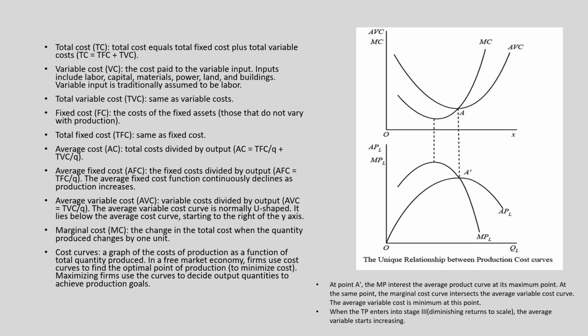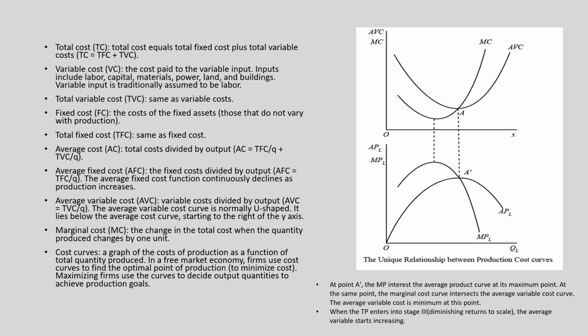The marginal cost is the change in total cost when the quantity produced changes by 1 unit. So the marginal cost is the cost between Mira producing 112 and that extra cost to produce the 113th sachet of tomato paste.